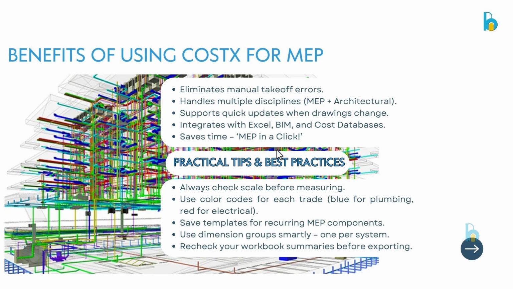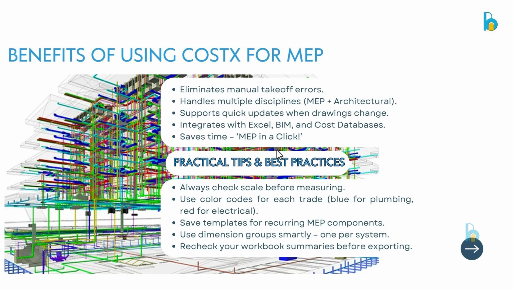Some practical tips and best practices for you to take note of whenever you are measuring using CostX: you need to always check the scale before measuring. You can also use color codes for each trade. You can save your template.